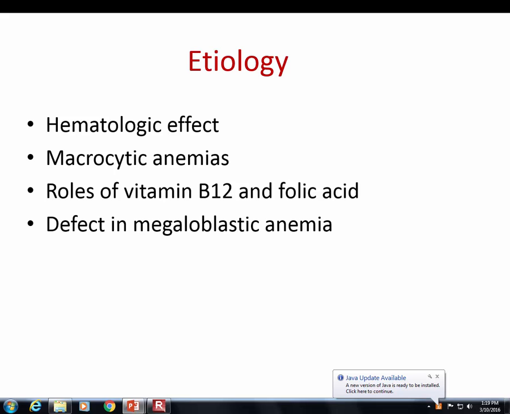Same thing is going to happen with folate. Because if folate is not present, where is the B12 going to get the methyl group? Nobody. Same thing is going to happen. You're going to have increased homocysteine. But if you are having folate deficiency, what is going to go up or down in here? Nothing.